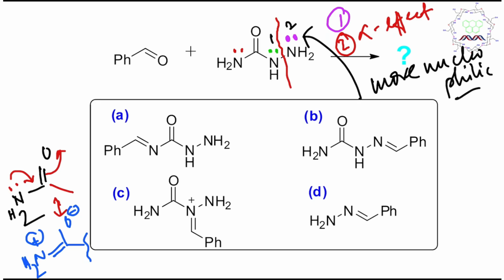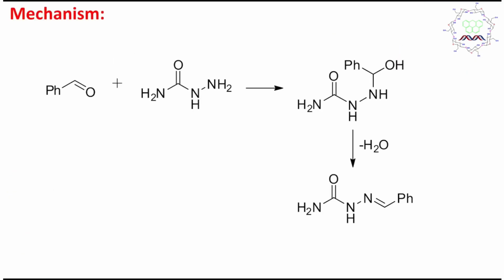And the other part is an aldehyde, which, students, is electron deficient. So let's learn how the reaction is happening. This aldehyde is electrophilic in nature because first of all it is attached to an electronegative oxygen atom, and second it is an aldehyde, meaning one side is hydrogen, so it's less bulky.